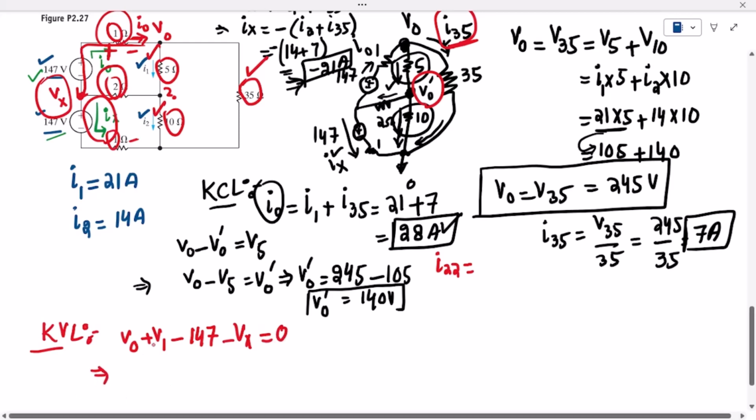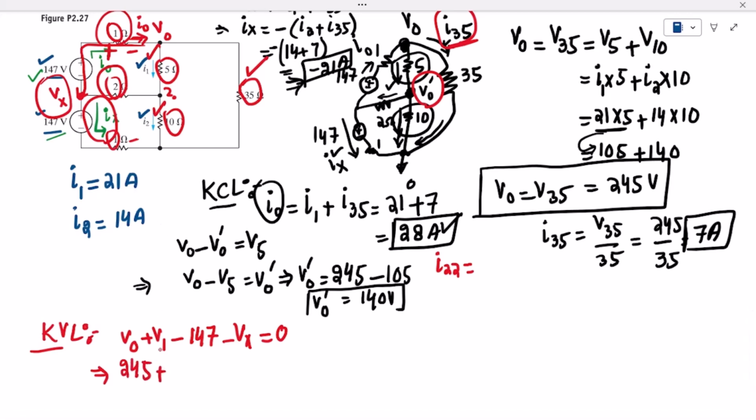The value of V0 is known, that is 245. The value of V1, which is V equal to IR, where the value of I0 is 28 and the value of R is 1. So IR is 28 multiplied by 1, minus 147, and this must be equal to Vx.